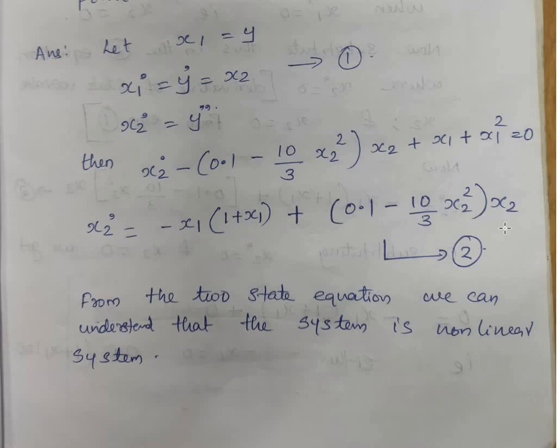So, in the case of a nonlinear system, there may be more than one equilibrium point or singular point. Equilibrium point is also called a singular point. That is, multiple equilibrium points may be present in a nonlinear system.